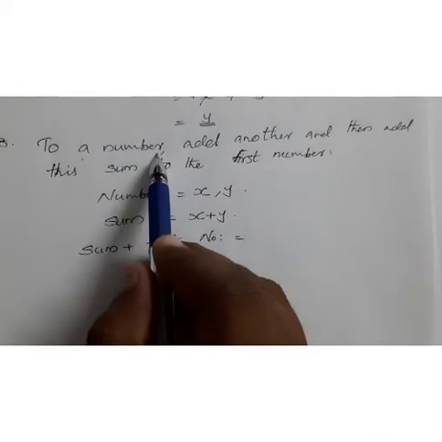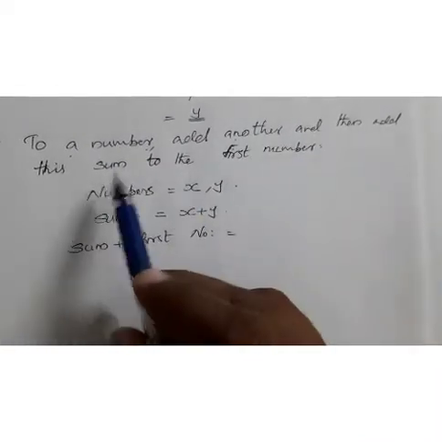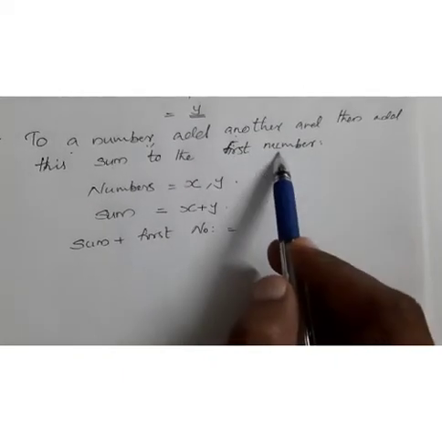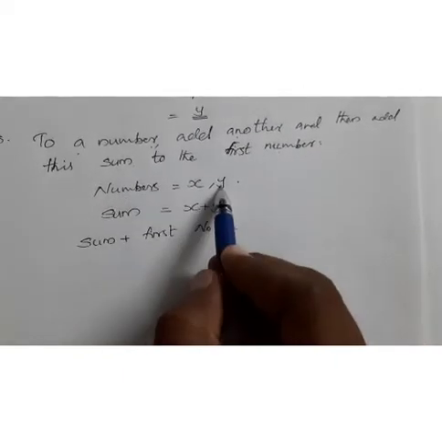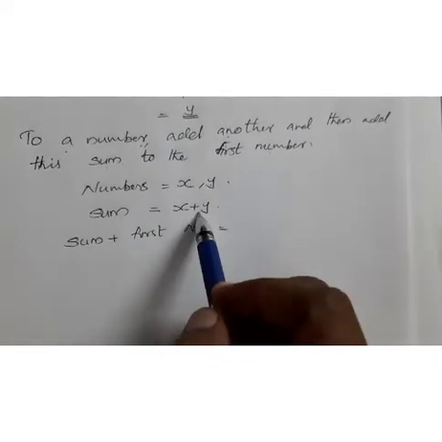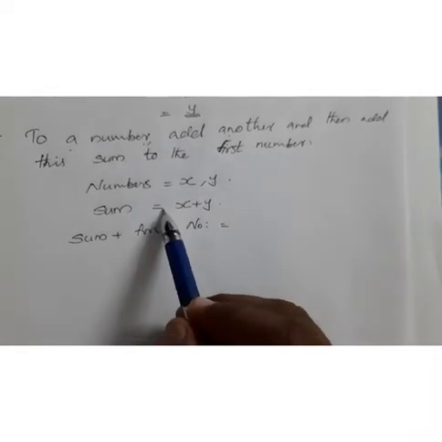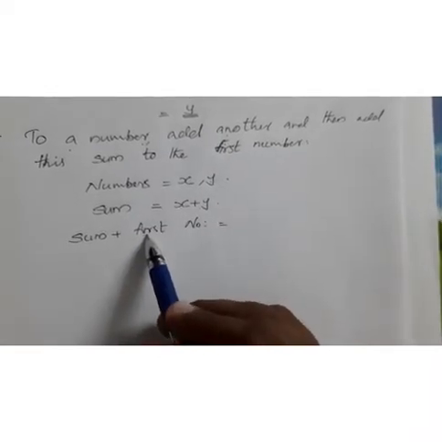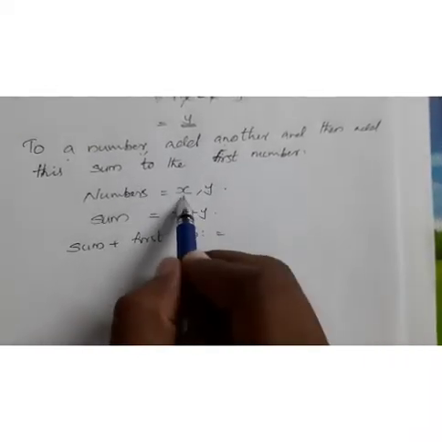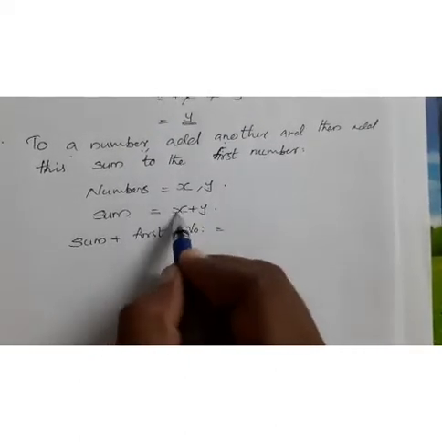To a number, add another and then add this sum to the first number. So take two numbers, then take the sum of those numbers. Then to this sum you have to add the first number again. So take the numbers as x and y. The sum is x plus y.